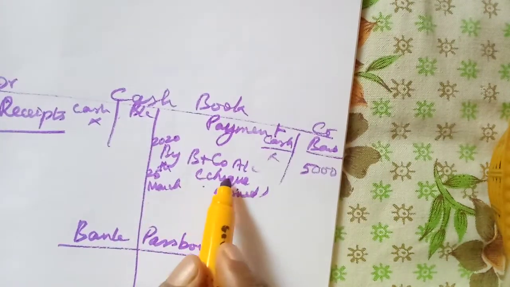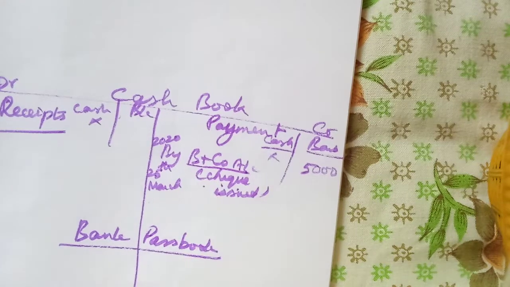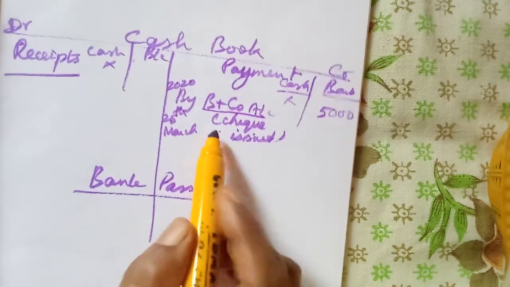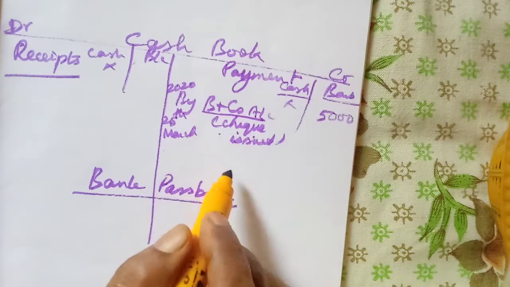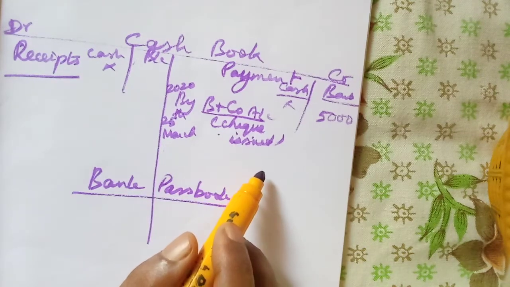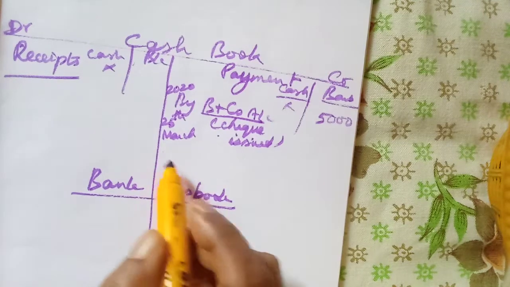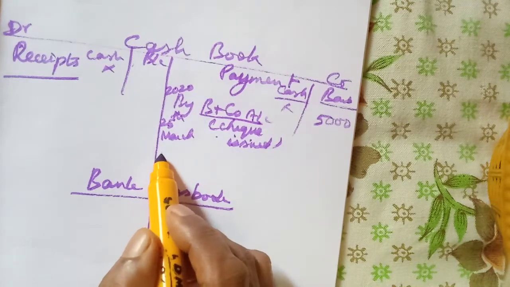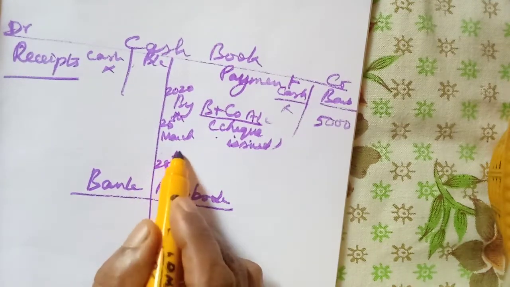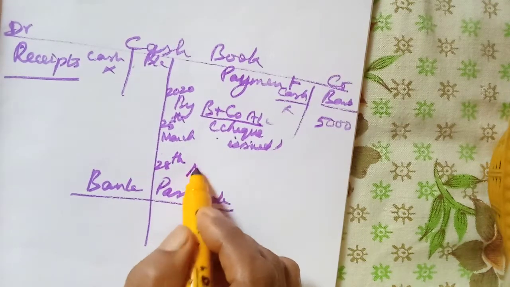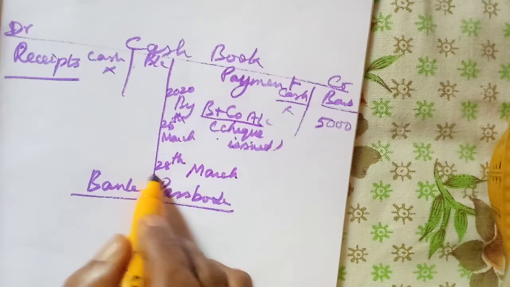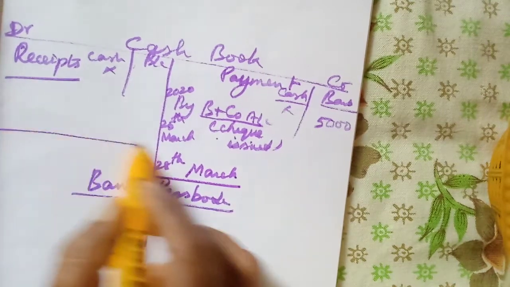This check is given to whom? To B and Co. Just think that B and Co got the check and he is presenting it in his bank, on 1st April or even 28th March he can present it in his bank.